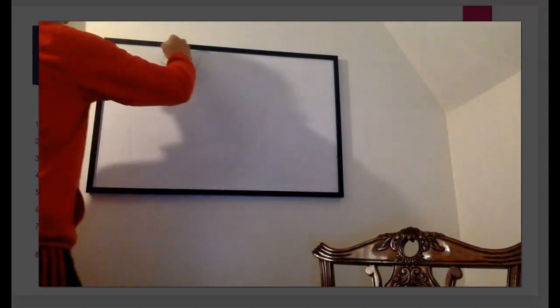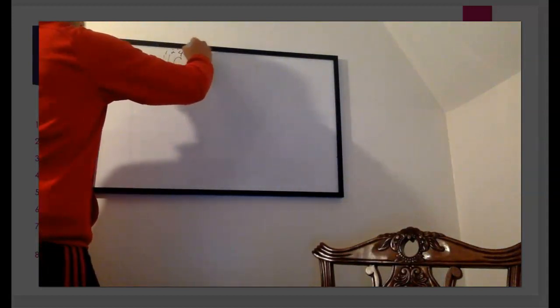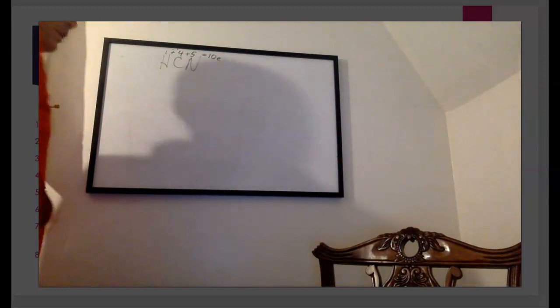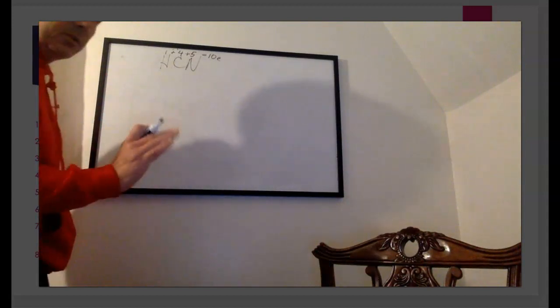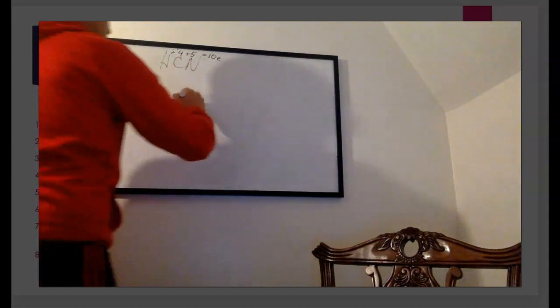Hydrogen has 1 valence electron. Carbon has 4, nitrogen has 5, so that's a total of 10 valence electrons. Looking at the periodic table, I know that carbon has the lowest electronegativity of these. Again, hydrogen can't be in the middle, so just don't even consider that. So it's got to be carbon.